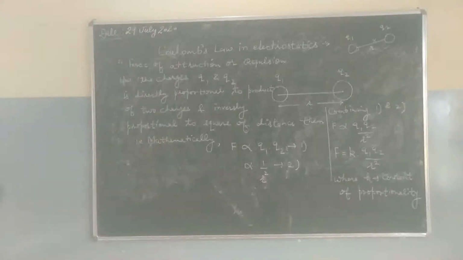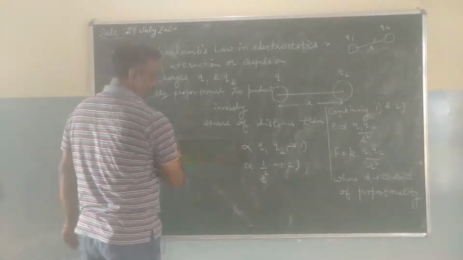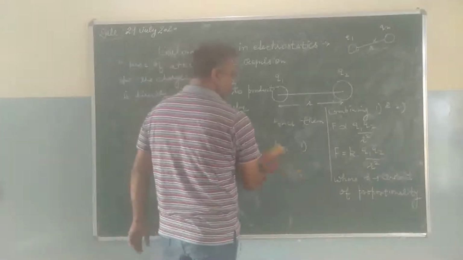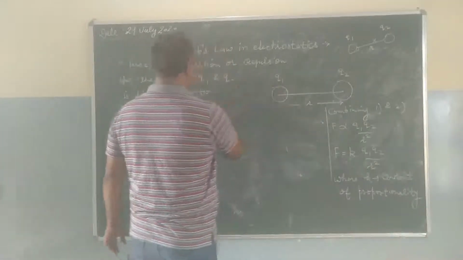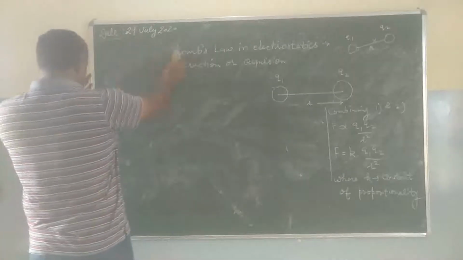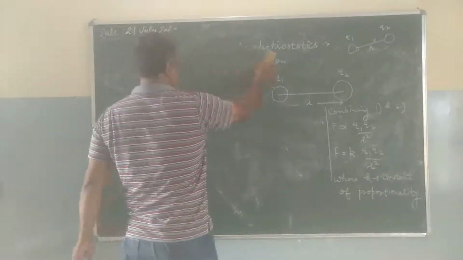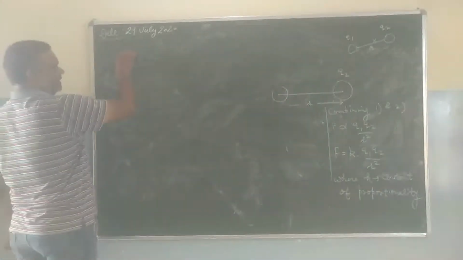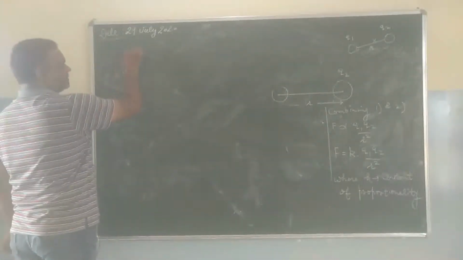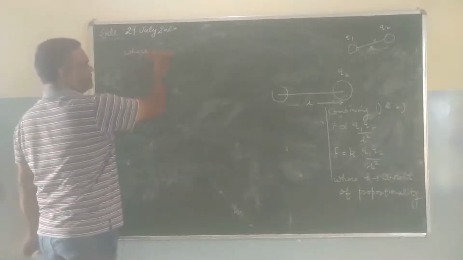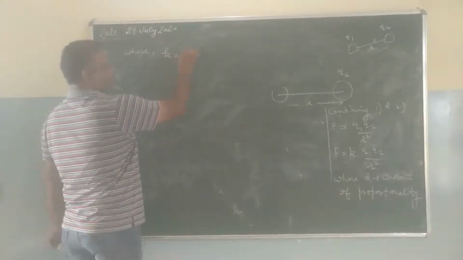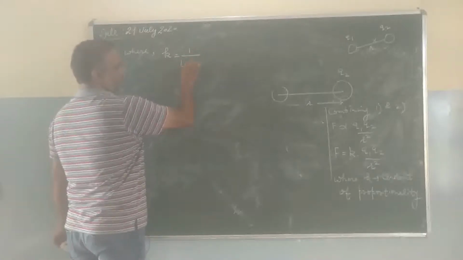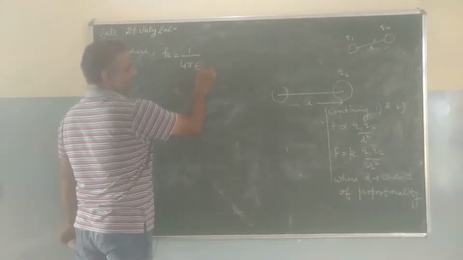See, now one thing more. It has been found that this constant of proportionality K is always equal to 1 upon 4 pi epsilon naught.